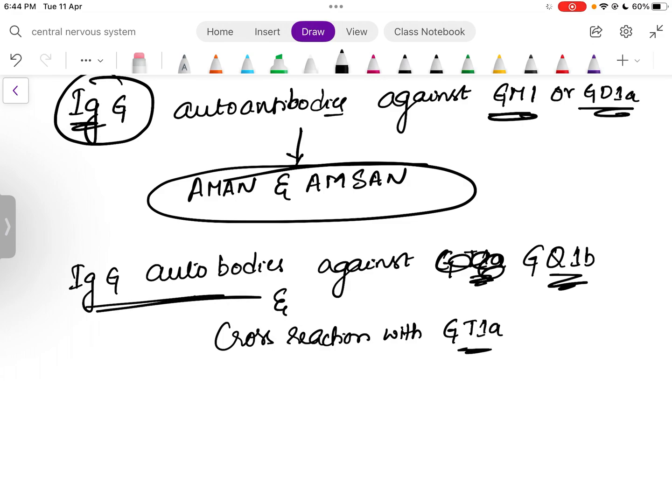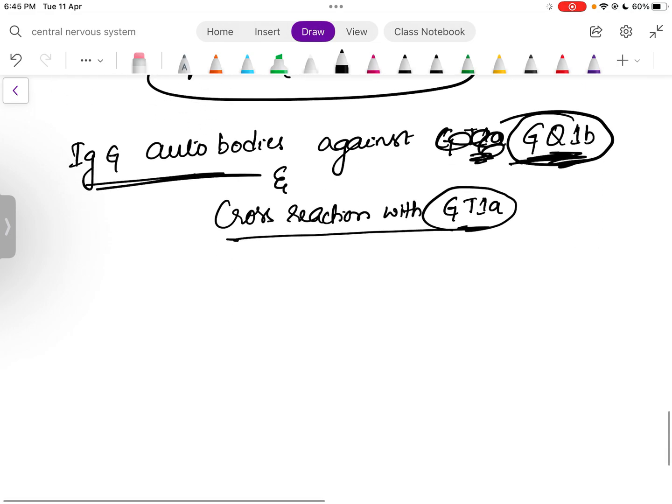So first the autoantibodies are directed towards GQ1B, and there will be a cross reaction with GT1A also, and this type of autoantibody will cause Miller-Fisher syndrome.